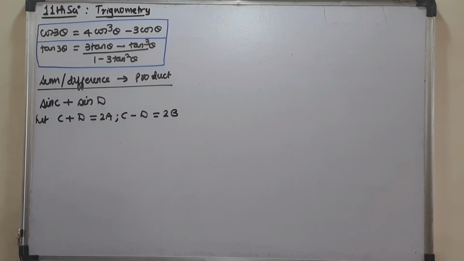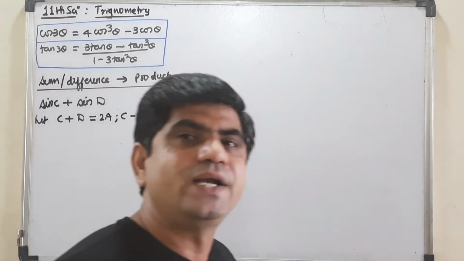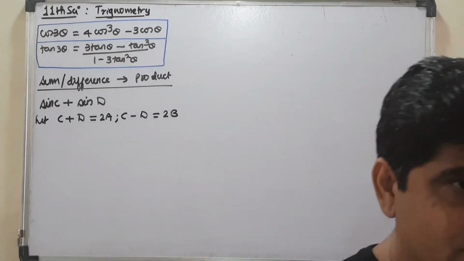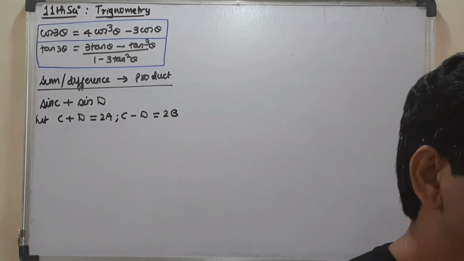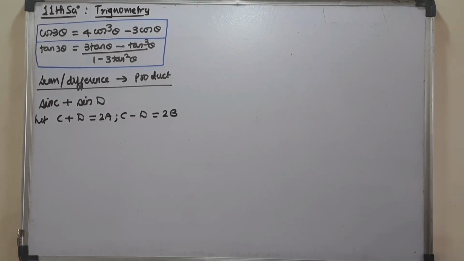That is, C plus D is equal to 2A and C minus D is equal to 2B. So C plus D is equal to 2A, indicating C plus D by 2 is equal to A, and C minus D by 2 is equal to B.